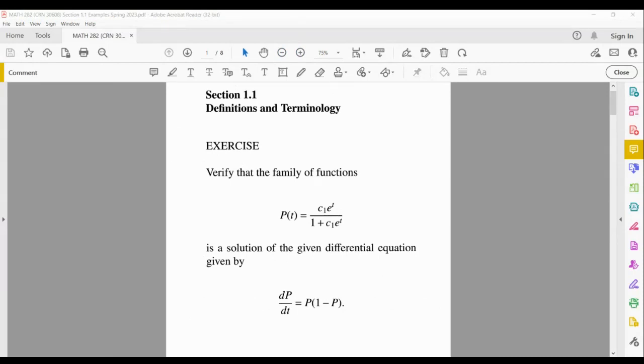Okay. We want to verify that the family of functions given by this P function is a solution to the differential equation below.